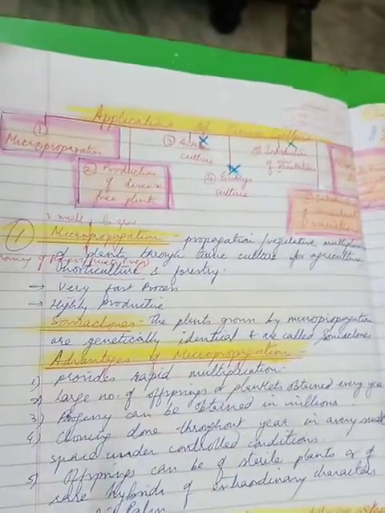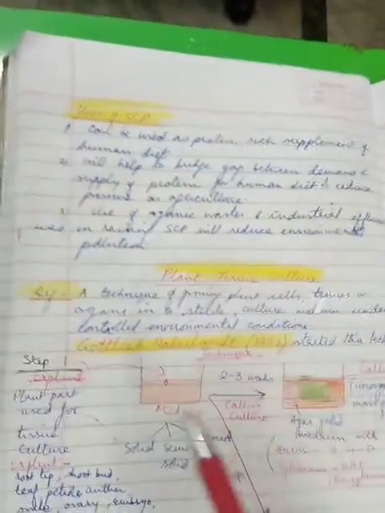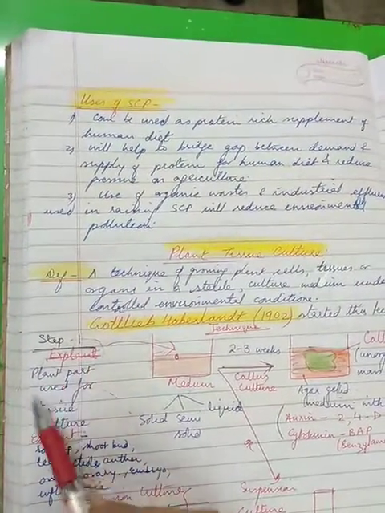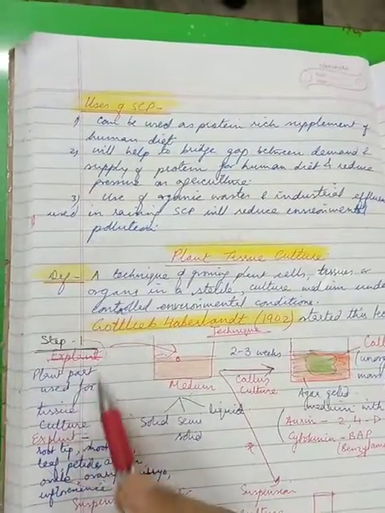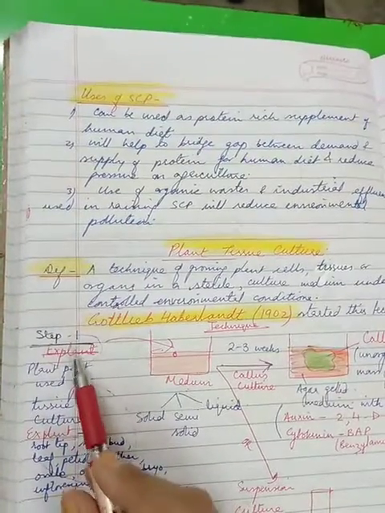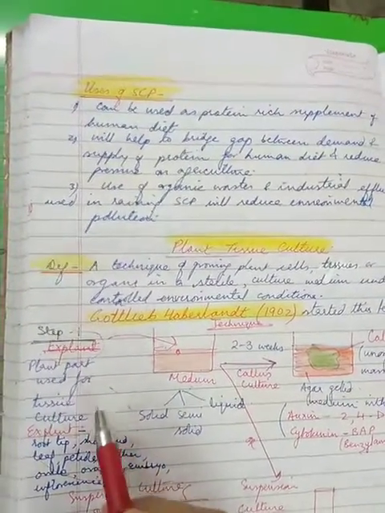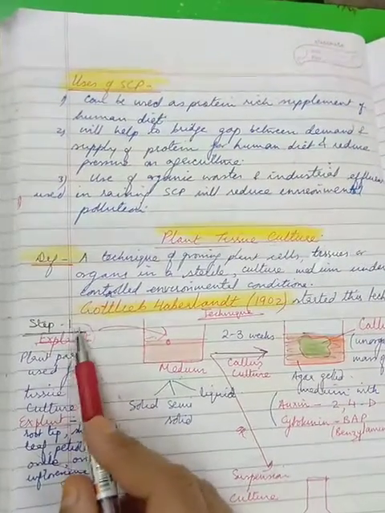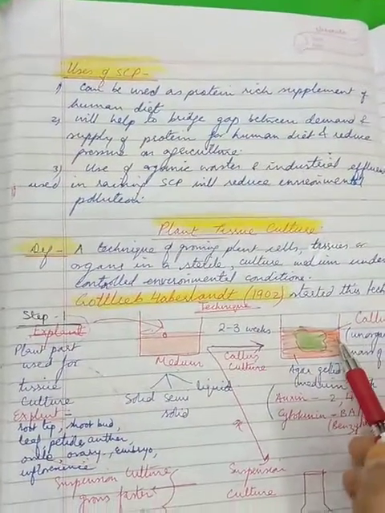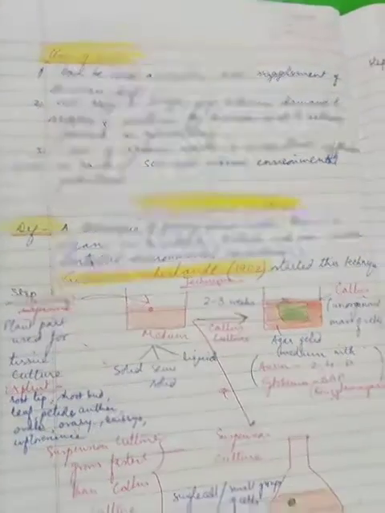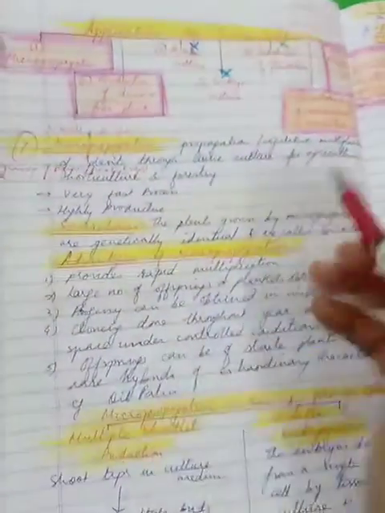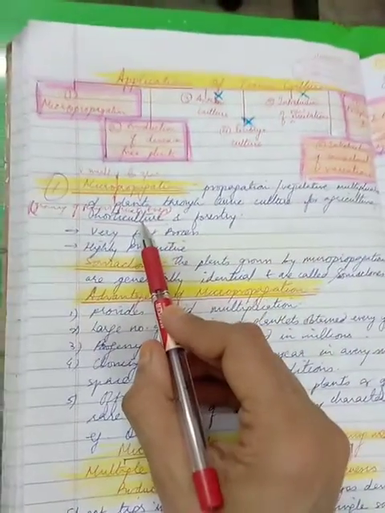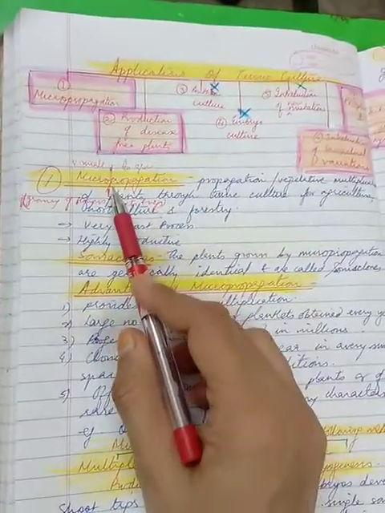That means, look at this, tissue culture only. To make a new plant which is big enough, you're using a very small portion of some plant tissue or plant tip, of the bud or, let's say, the shoot tip or the shoot bud, etc. You're taking a very small quantity and growing it into callus and then a big tree that will be in future. So this propagation through tissue culture for agriculture, horticulture and forestry is called micropropagation.